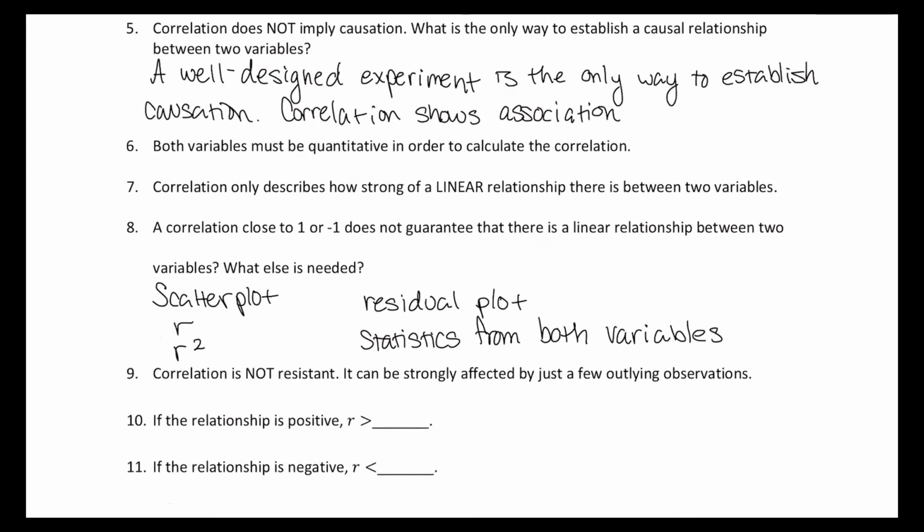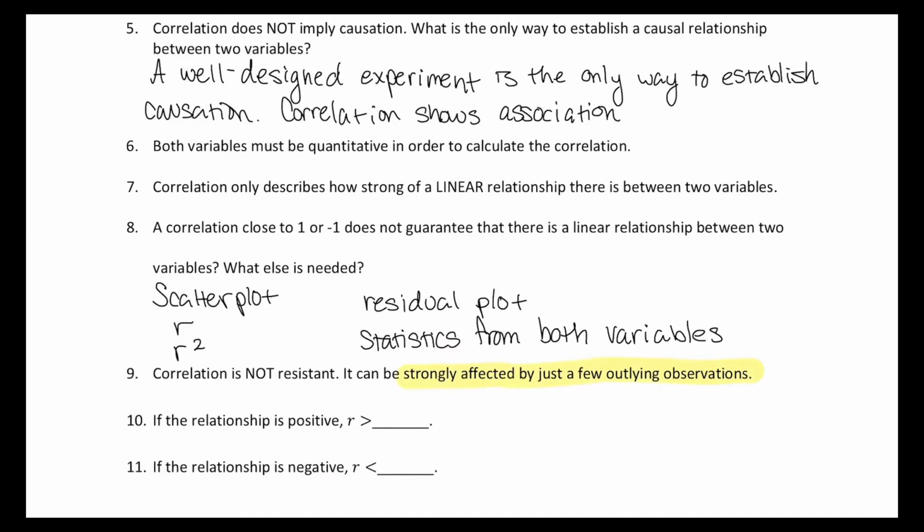Correlation is not resistant, meaning here that it can be strongly affected by just a few outlying observations. We're going to take a look at what happens when we remove outliers and add them in and other things like that.